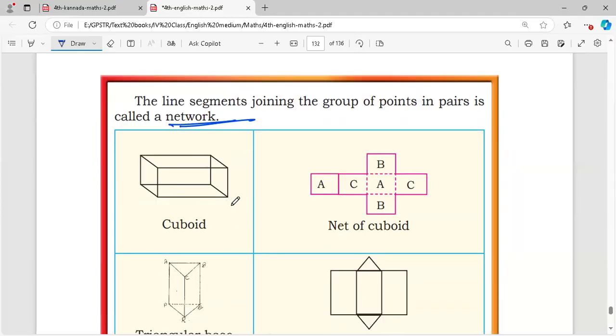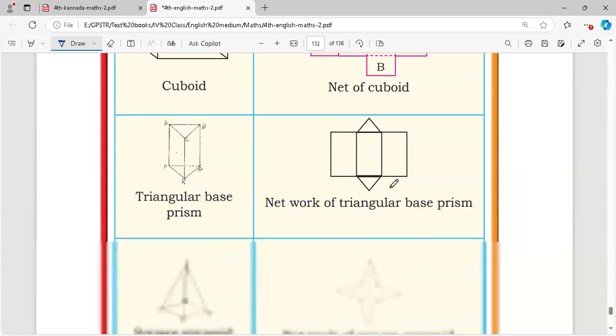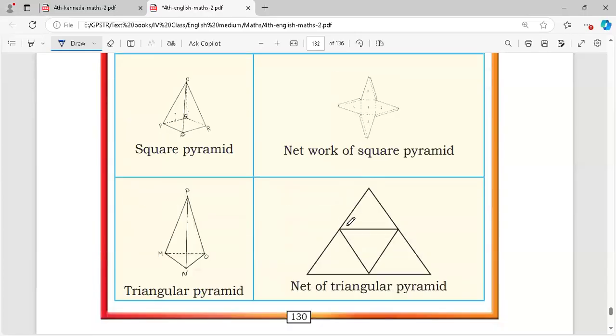See some networks. Cuboid: 2 squares and 4 rectangles. This is a triangular base prism, network of triangular base prism. Square pyramid, network of square pyramid.